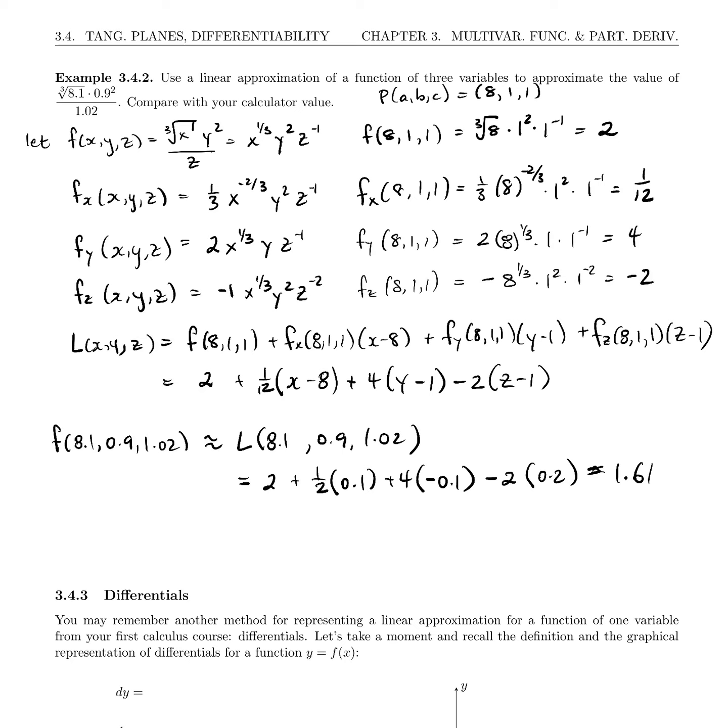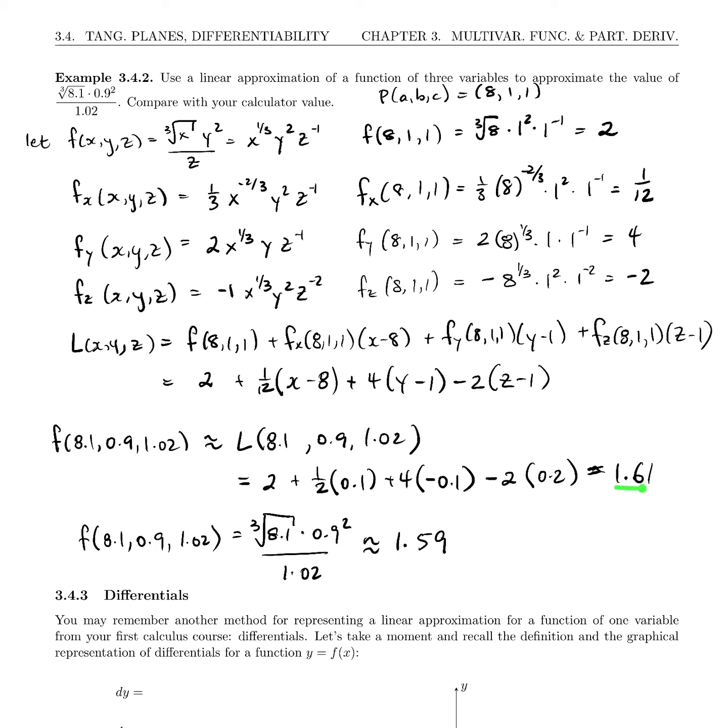We're asked to compare with the value that our calculator gives us, which actually is still an approximation. This is the cube root of 8.1 times 0.9 squared divided by 1.02, and my calculator told me that that was about 1.59.